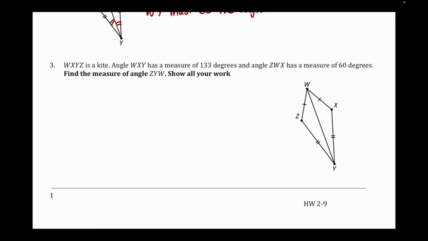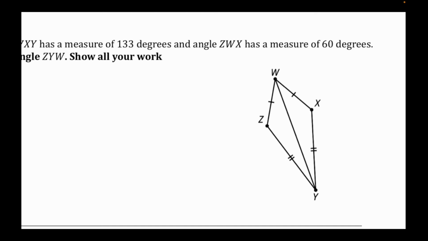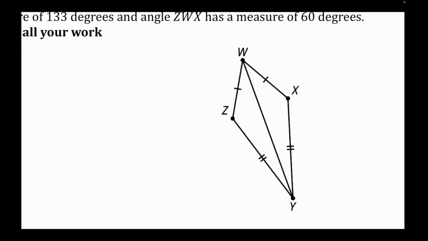This again gives us a kite. It's WXYZ. But now they're going to actually give us some angle measurements and ask us to find our other ones. So it says angle WXY has a measure of 133, and angle ZWX has a measure of 60, and we want to find ZYW. So let's look at these closer.